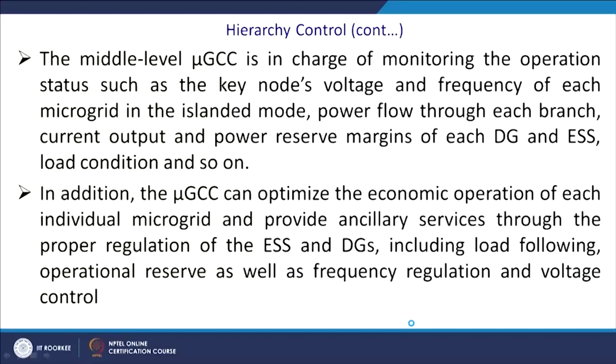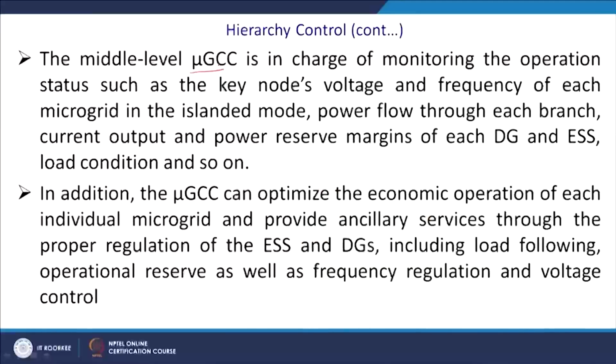So, based on these discussions, what we can say is that the middle level microgrid is in charge of the monitoring and operation of substations, the key node voltage and frequency of each microgrid in the islanding mode, power flow through each branch, the current output, and the power reserve margin of each DG, and the coordination between the load and so on.